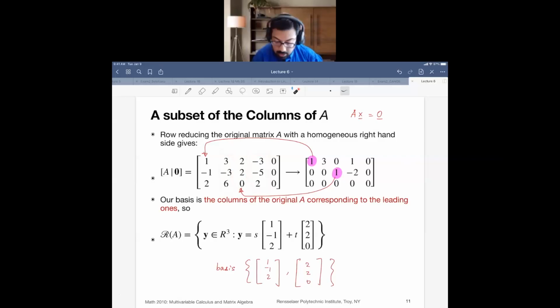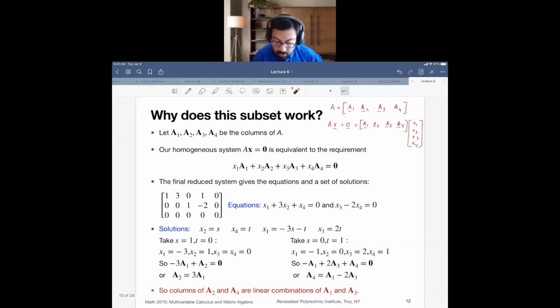That's the question. Why didn't we consider second and fourth? Because we will soon prove that the second and the fourth column actually depend on the first and the third column. A2 and A4 will actually turn out to be linear combinations of A1 and A3. And because of that, you don't really need to write A2 and A4. You don't need to consider those two columns.